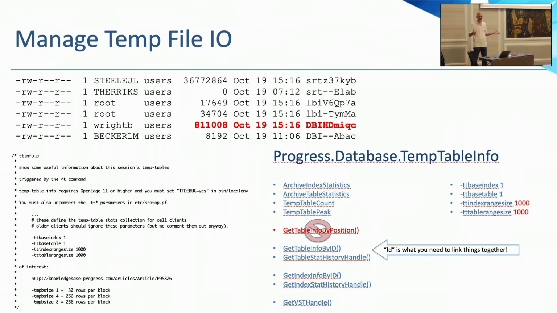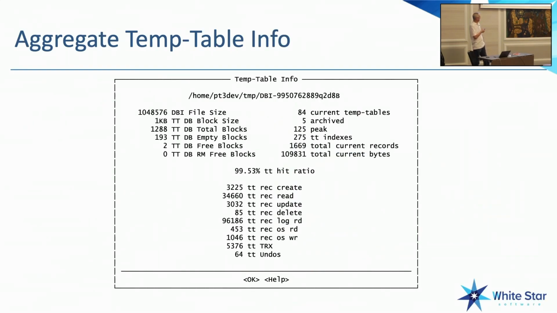There's a whole class that you can implement. We've got some sample code in ProTop that you can look at to see what you are doing in your application with your temp tables. So you can get this kind of information. This is like the DB analysis, but for temp tables, which is kind of cool if you can do that. Free code, download it, have fun with it.